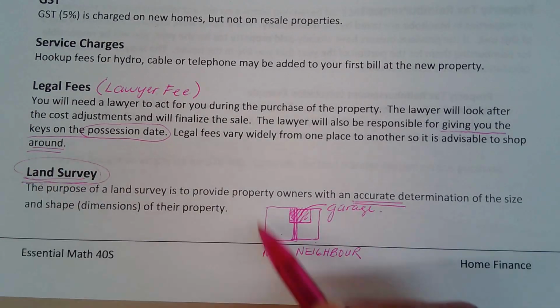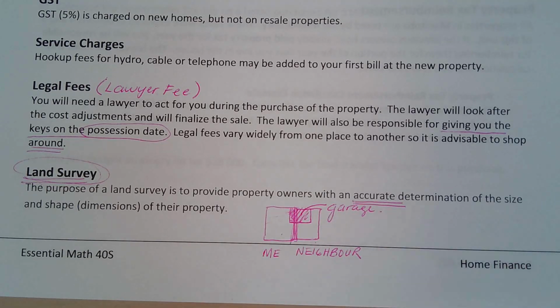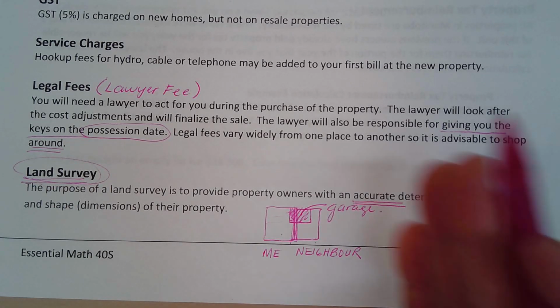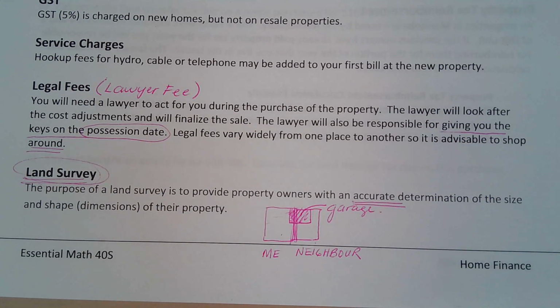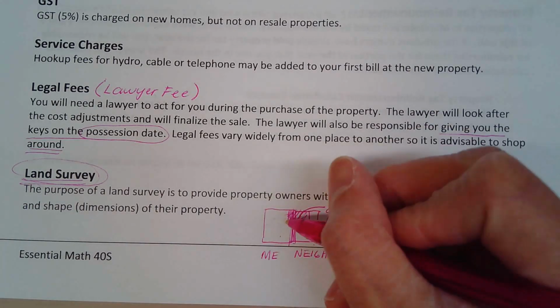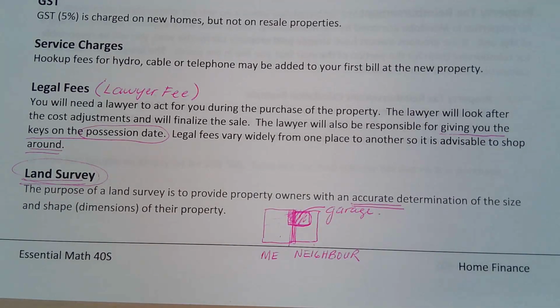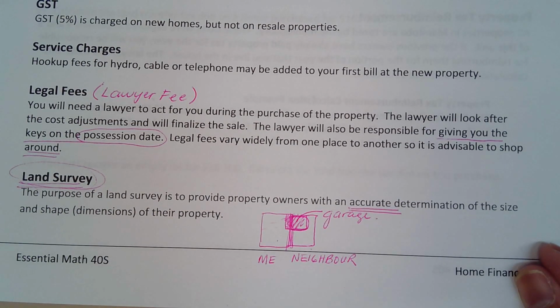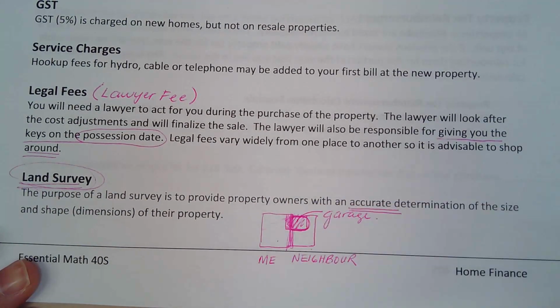Land survey says this is your property and that's your neighbor's property, and they could ask them to tear down or fix it so that it just stays in their property. And that's exactly what permits do, right? That's what permits do, because they want to make sure that it's up to code and it's within your area.